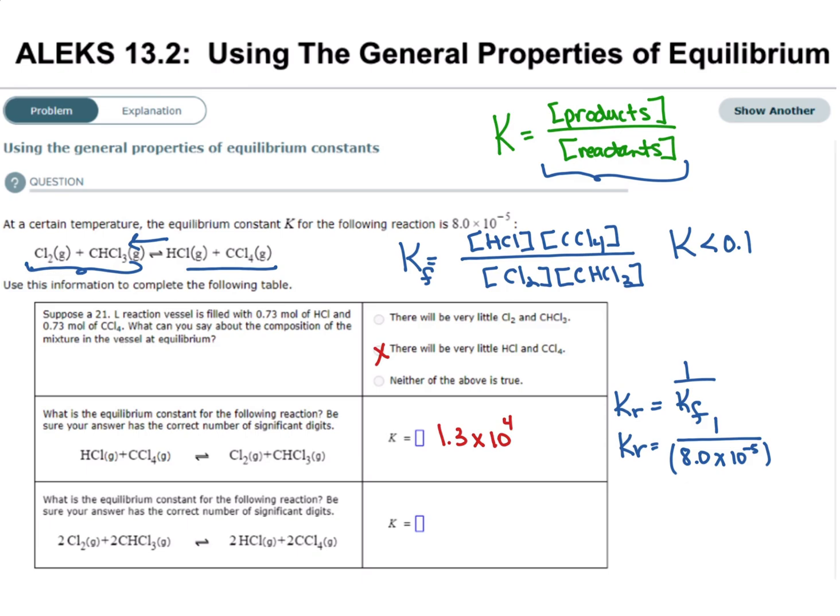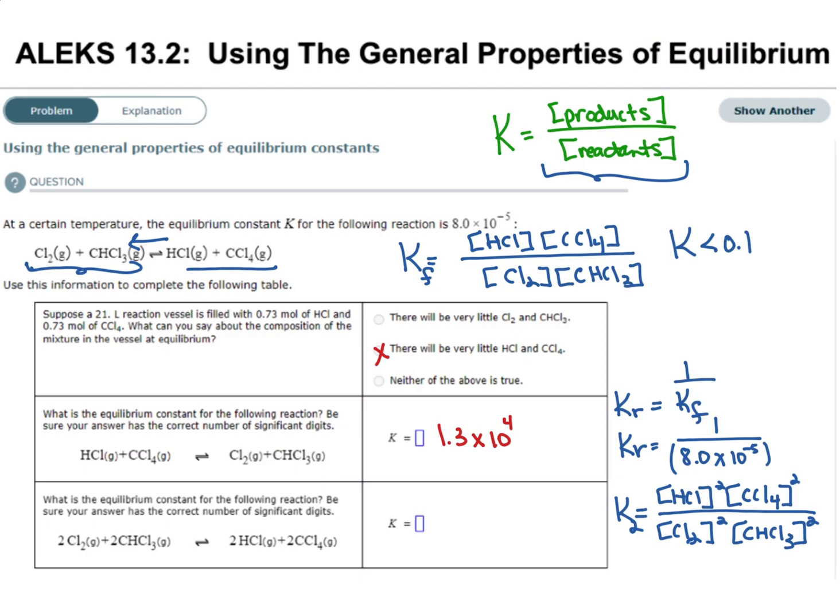All right, in the third question, they want us to determine the equilibrium constant of the following balanced equation. So we know that the equilibrium constant is the concentration of products raised to the power of its coefficients over the reactants raised to the power of its coefficients. So let's just call this K2 to distinguish it from the other Ks.